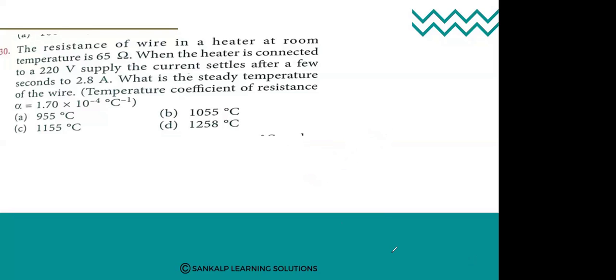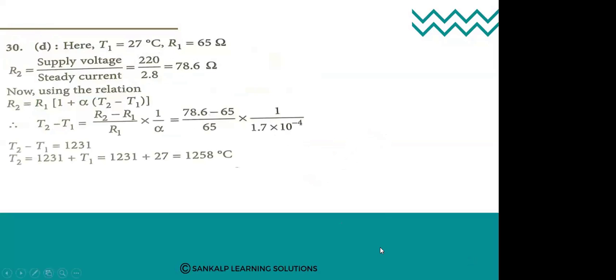These type of questions are a little time consuming because of the simplification. Simplification will be more, that's all. So here you can see, if you want to cross verify the answer, your resistance must be 78.6 ohm. Temperature is given.